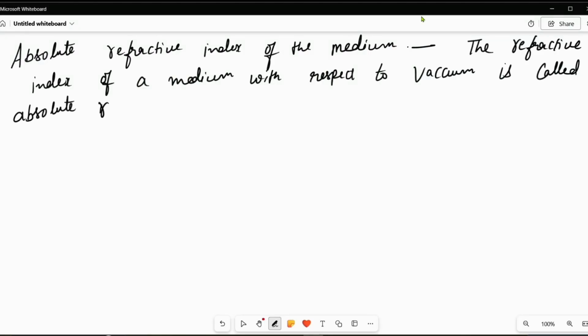Okay, what do you mean by this? Absolute refractive index.